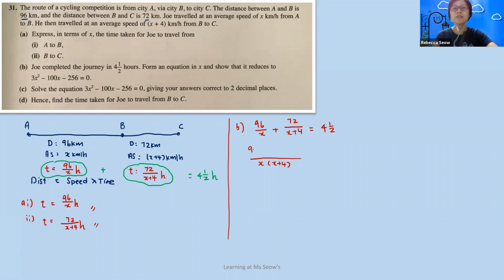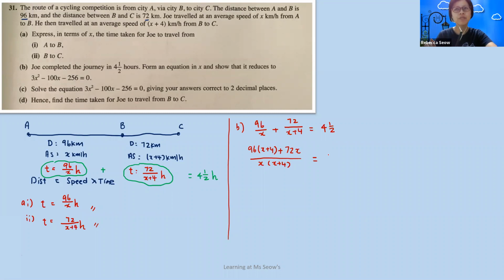So for the first term, 96 over x, numerator and denominator have to be multiplied by x plus 4. So I take 96 multiplied by x plus 4 plus 72. This term has to be multiplied by x itself. Okay, equals to 4.5.